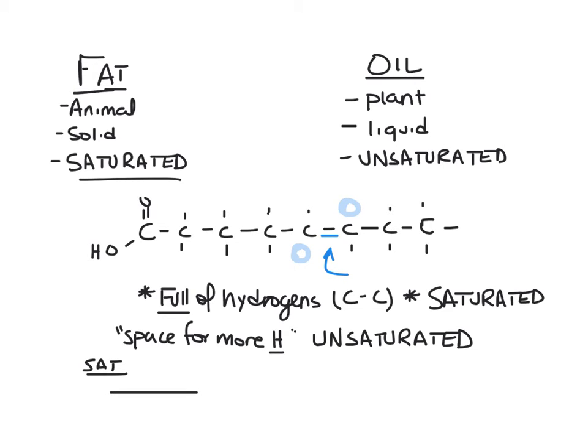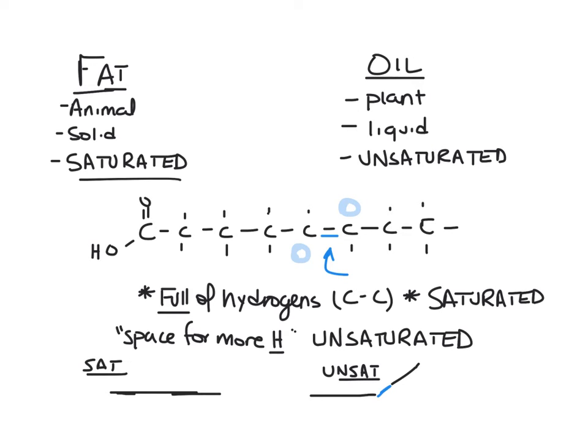Okay? If I were to draw out the unsaturated, as soon as where the double bond forms, you have a bond here, and then that double bond causes it to move and it changes shape. And so you actually get a kink going in there.